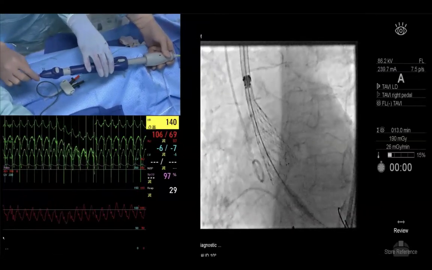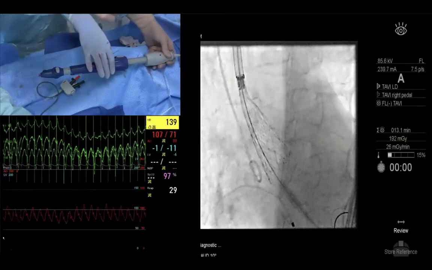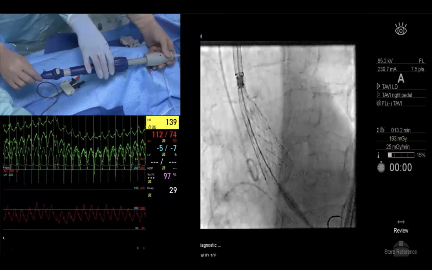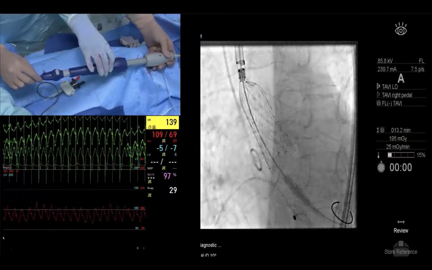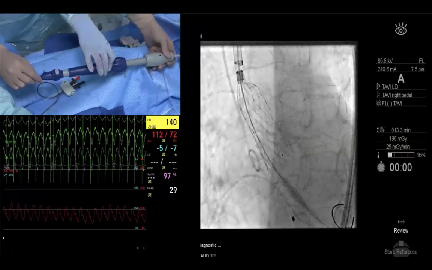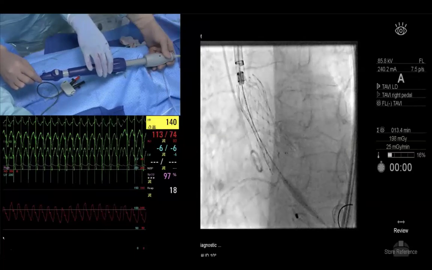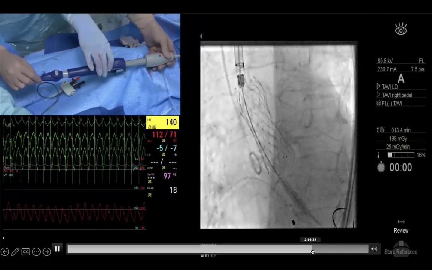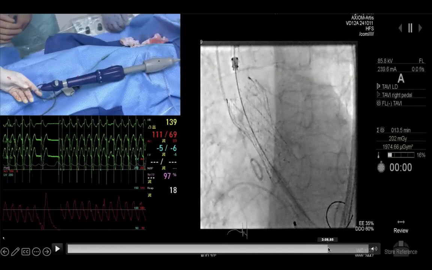Especially this last phase, if you do self-expanding devices, I would always do this very, very slow, because the faster you do this, the more brisk maneuvers there can happen with the final release of the valve. So we go very slow, very well controlled here. Typically, I do not give pacing, but in this particular case, we gave some pacing. Then the valve is released here.